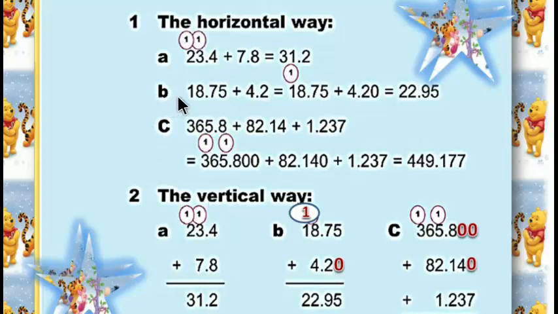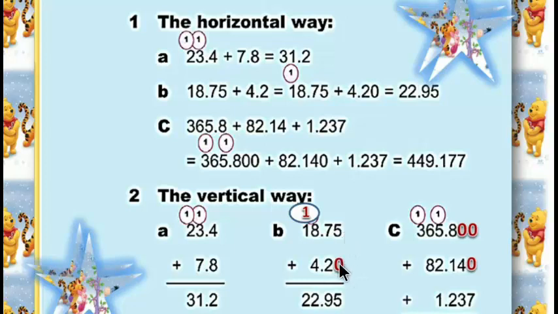Another example, 18.75 plus 4.2. We solve this problem in vertical way. Before writing the problem in vertical way, we need to balance the decimal numbers. Please put 0 beside 2 here, okay? Now our problem is 18.75 plus 4.20.